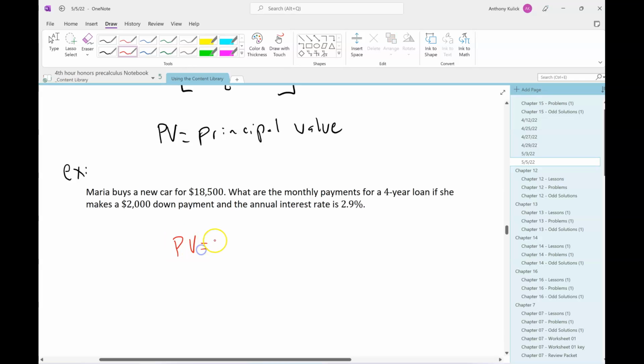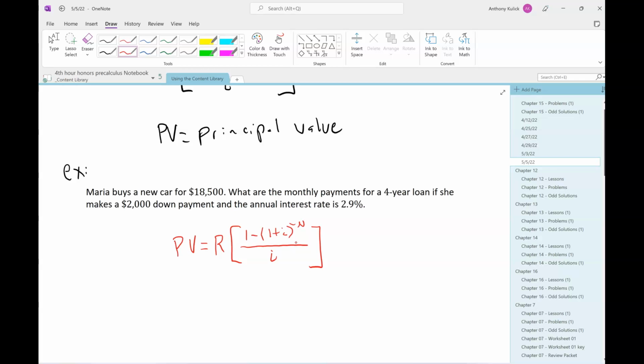Well, hopefully, because it says right in the problem that we're taking a loan, we would go straight to our loan formula. So what are we solving for in this loan formula? Which letters?